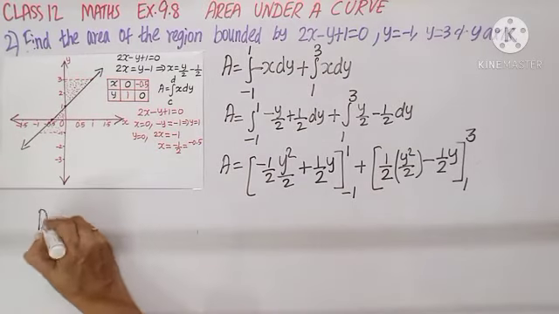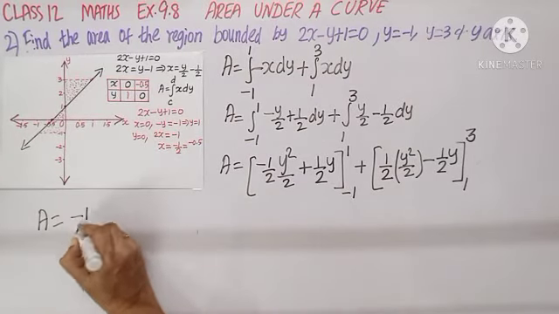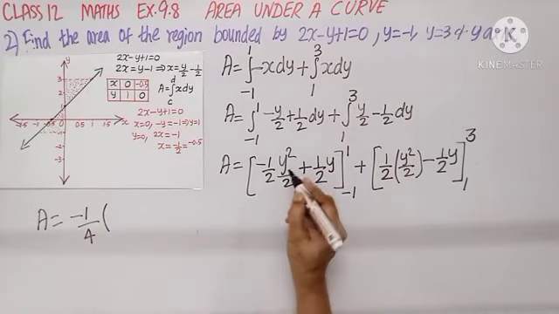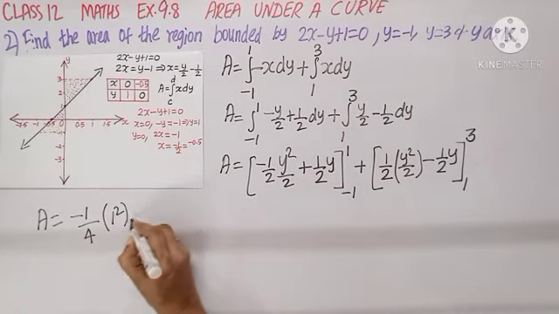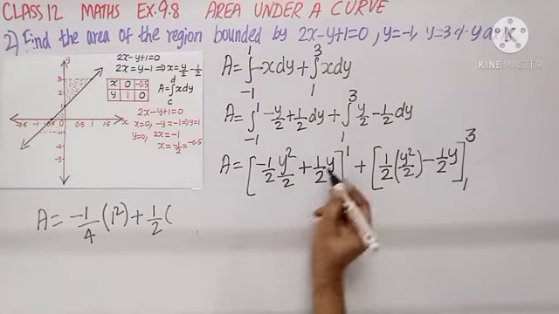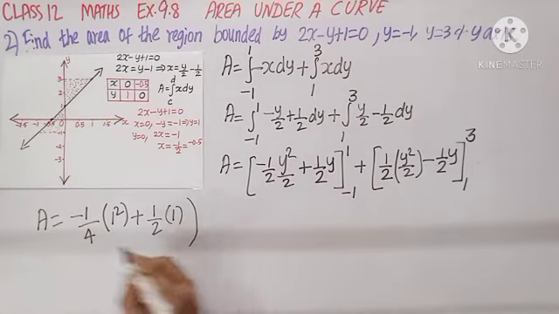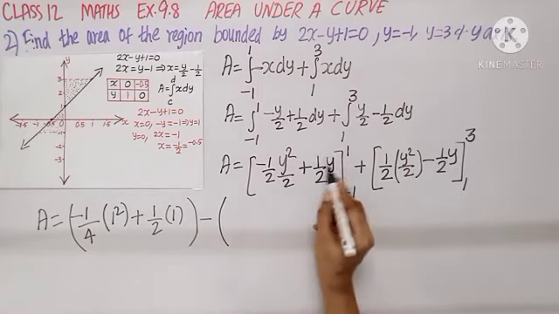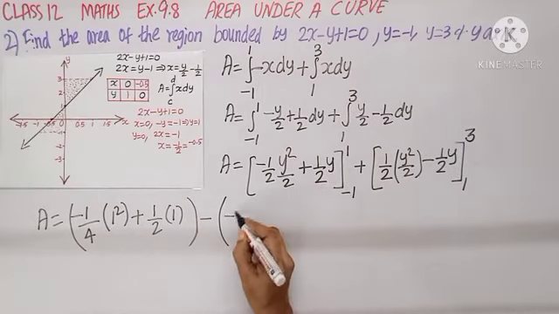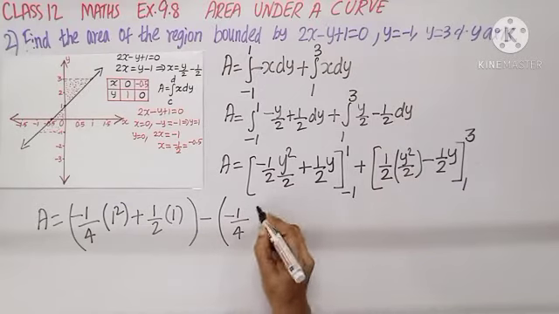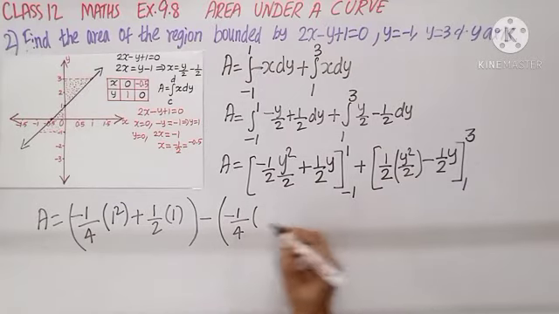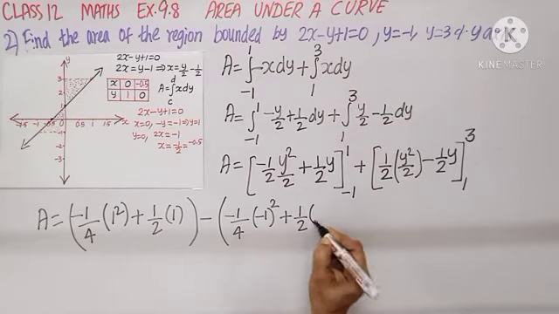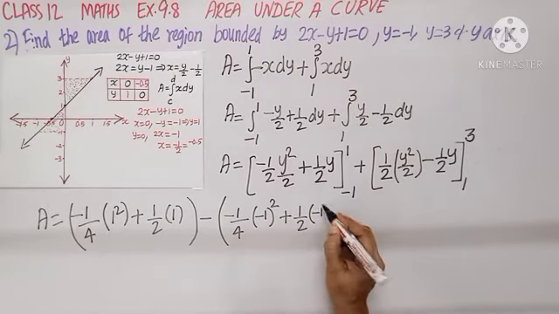As we simplify, A equals minus 1 by 4 into y square, which becomes 1 square, plus half into y, which becomes 1. Upper limit over, put the minus symbol. Now wherever y comes, put minus 1: minus 1 by 4 in the place of y put minus 1 the whole square, plus half into, in the place of y, put minus 1.